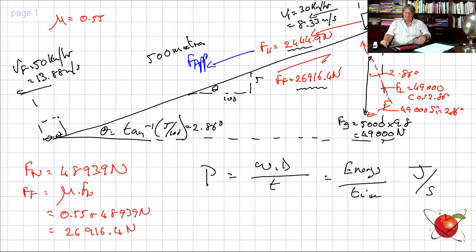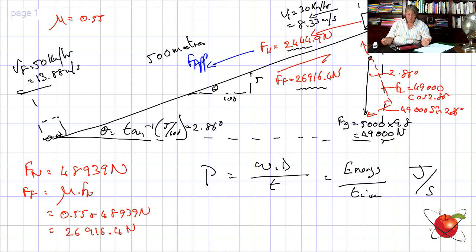This truck's not going to get down that slope unless it actually gives a little bit of extra power, extra energy. Extra force is required, because we're talking forces, to go down there we need an extra force. So I look down the slope and I say F applied plus the weight pulling me down minus the friction must be equal to F net.